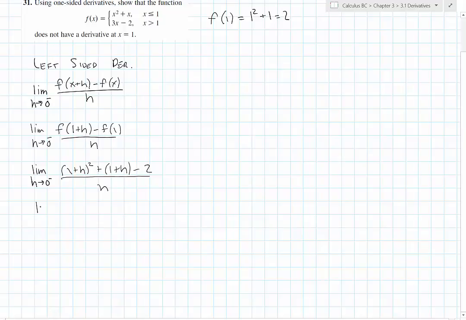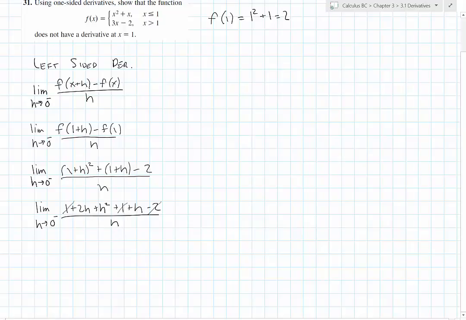Now let's see what we get next. The limit as h approaches 0 from the negative side of 1 plus 2h plus h squared plus 1 plus h minus 2 all over h. Now I see a 1 and another 1 and a negative 2.